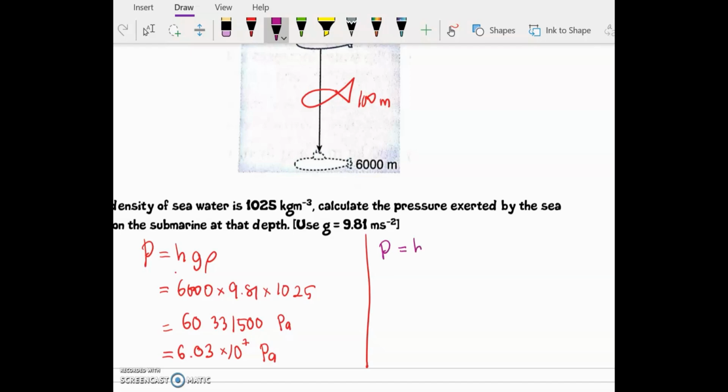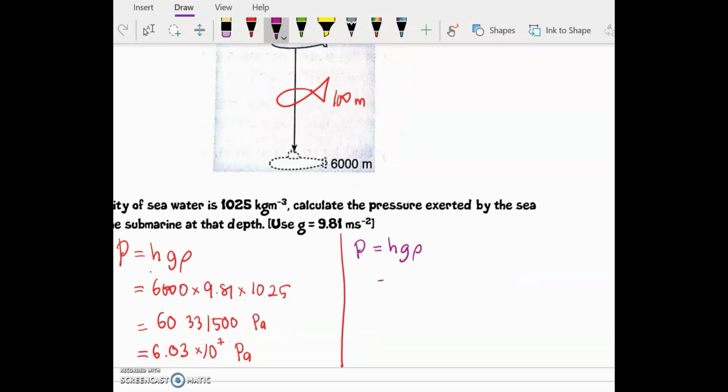So use the same formula. Now height is 100 meter times gravitational acceleration 9.81 times the density 1025, and you will get 1,005,525 Pascal, or in standard form, approximately 1 times 10 to the power of 6 Pascal.